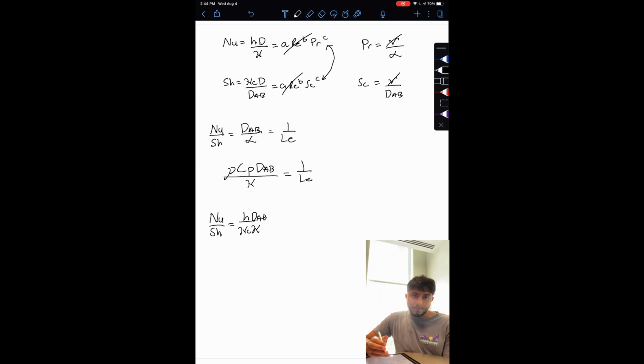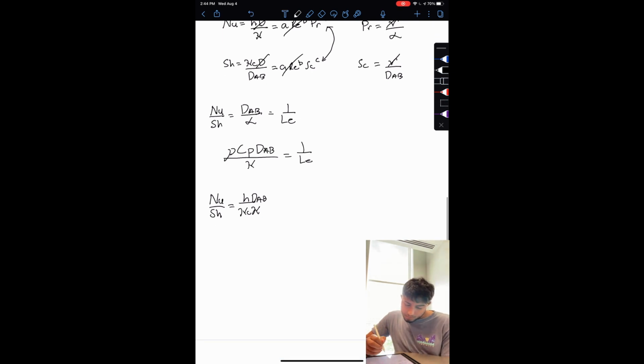And as you can see, the length d isn't in here because they cancel out. So we know that DAB over K, we have a DAB over K here, and we have a DAB over K here. We know the 1 over the Lewis relation, that is equal to 1.